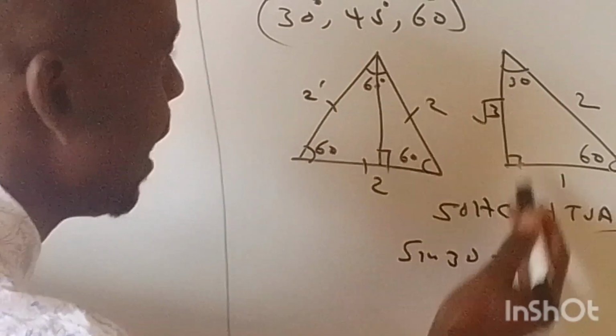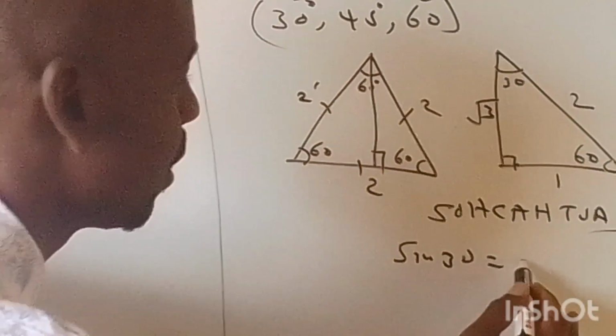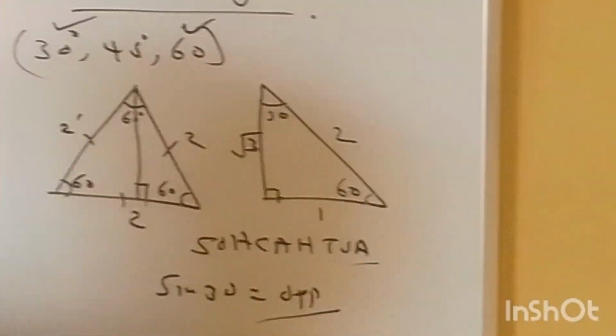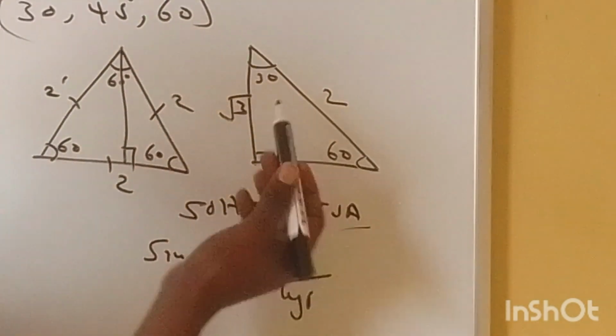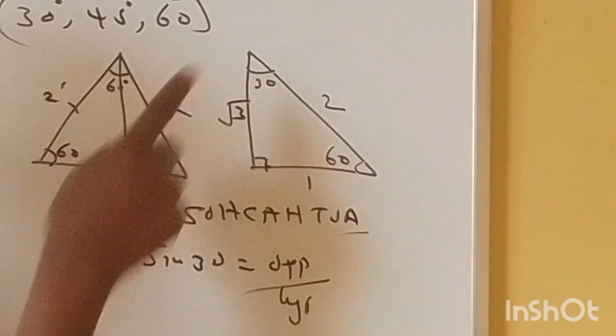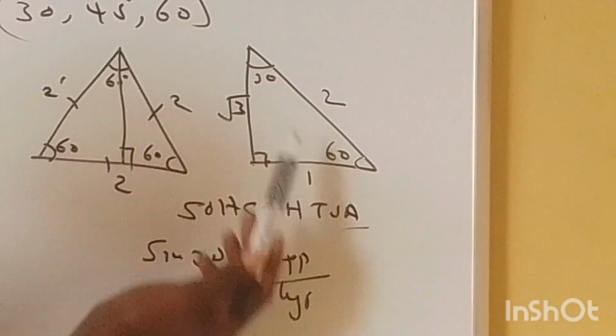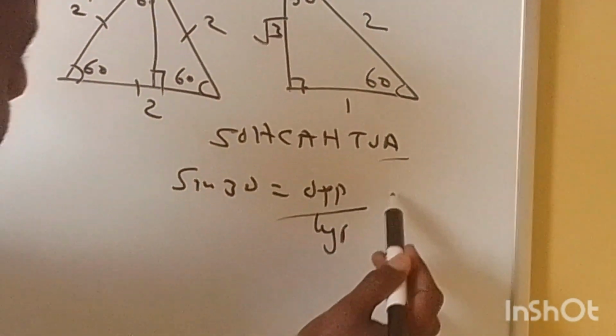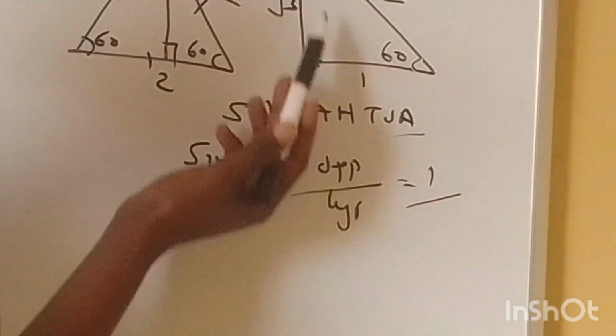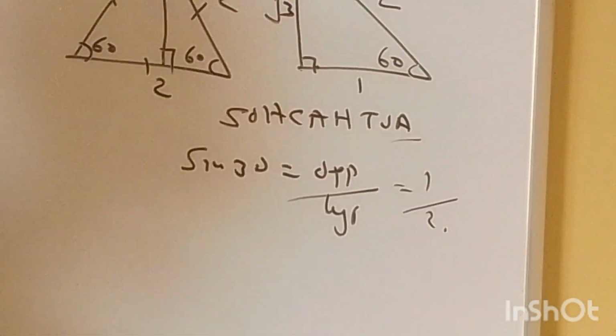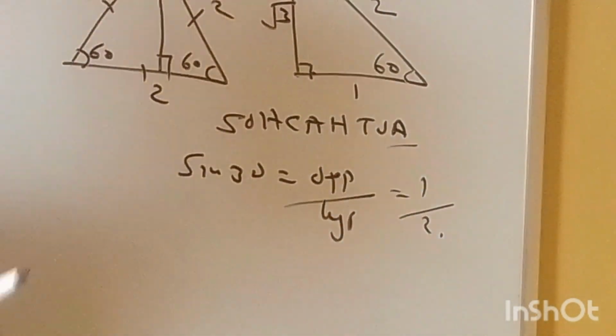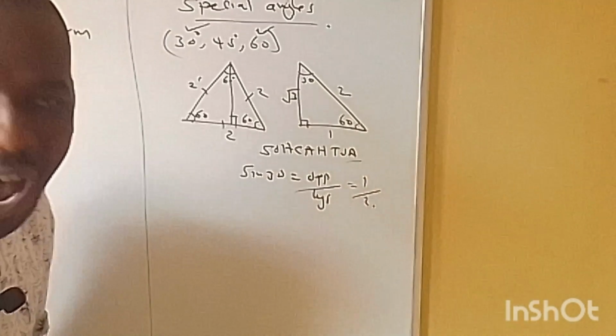We know the sine is opposite over hypotenuse. So the opposite of 30, with reference to our 30 here, is 1. That is 1 over hypotenuse, which is 2. And you can see it is true that the sine of 30 is a half.